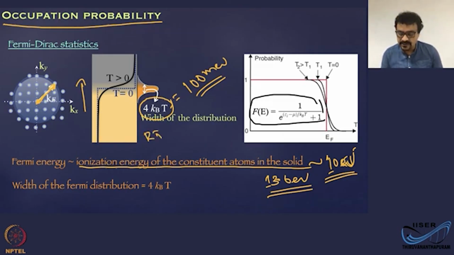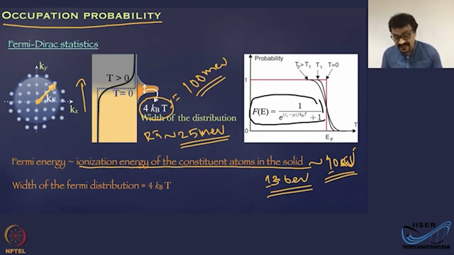We can multiply the Boltzmann's constant and the temperature in Kelvin scale, that will give you 25 milli electron volt. So the width of the Fermi distribution is 100 milli electron volt approximately. That is the broadening of the Fermi distribution.